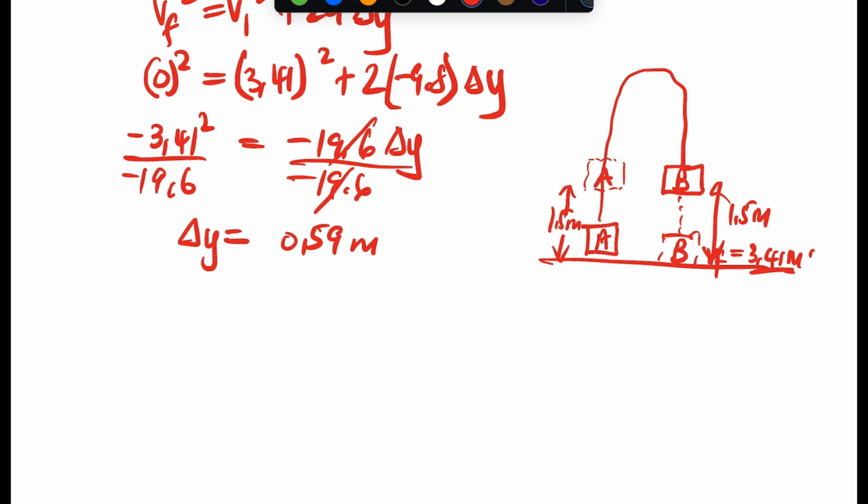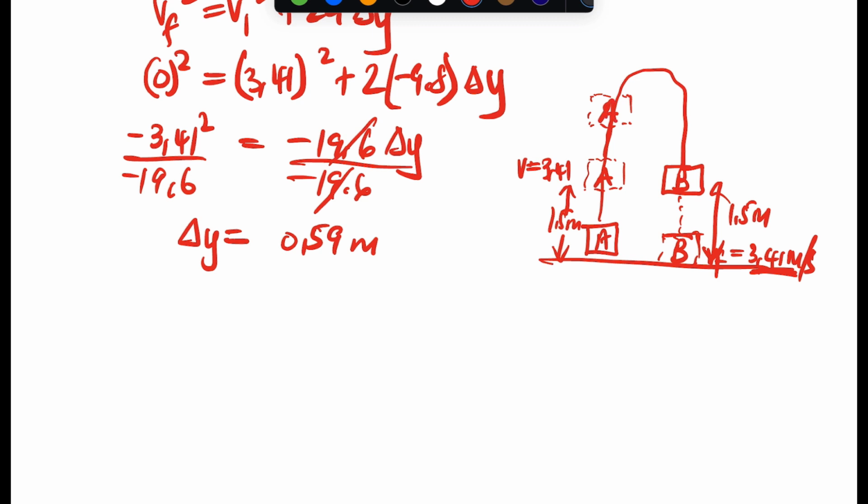While block B reaches the ground with a velocity of 3.41 meters per second, block A will have the same velocity, 3.41, right? But block A continues. Let's say block A will stop here, because it has to stop, but it stops after.